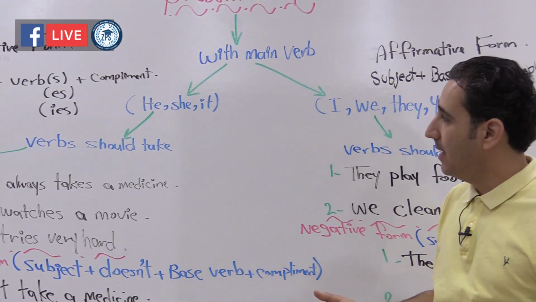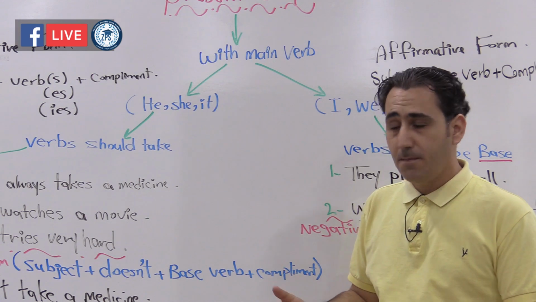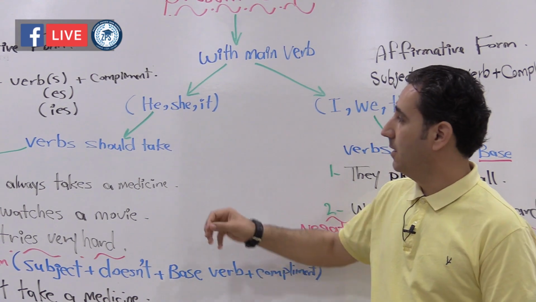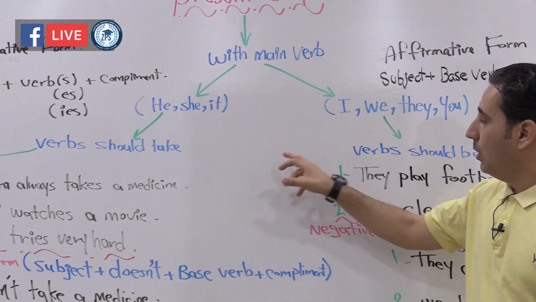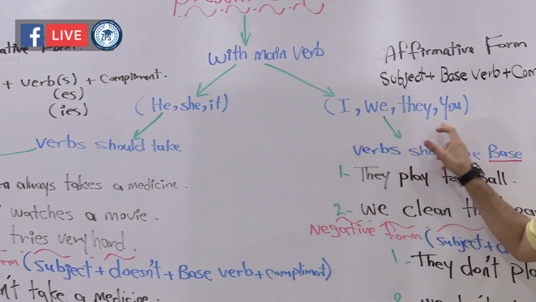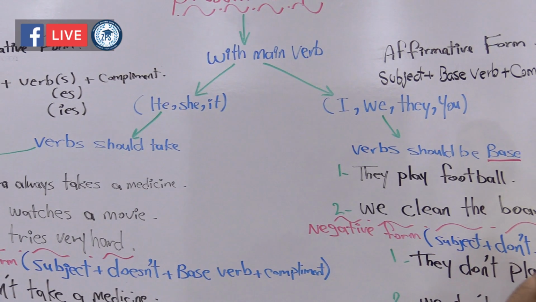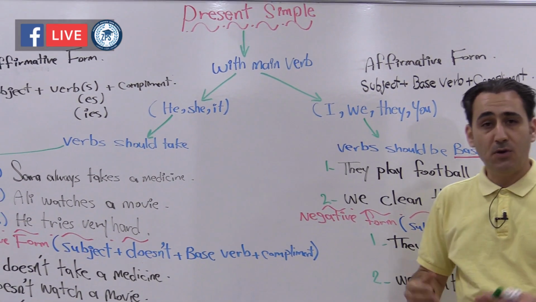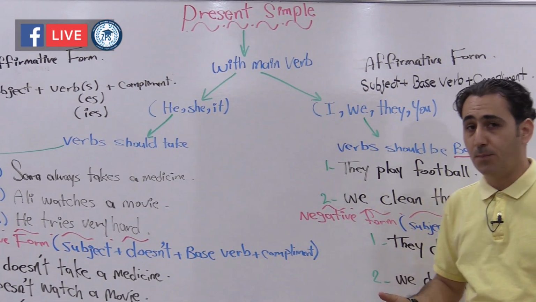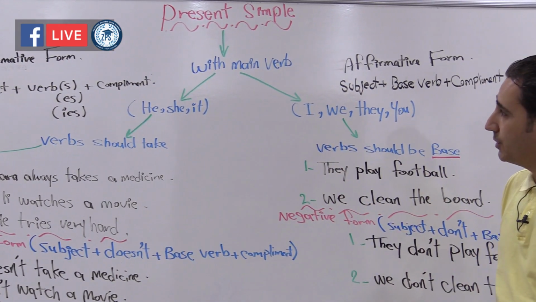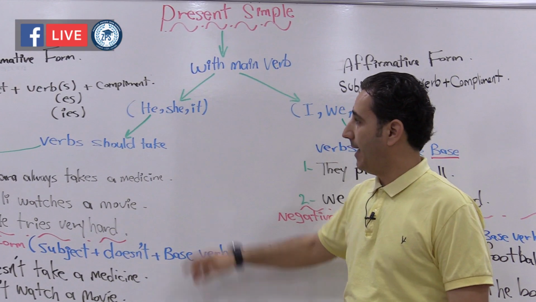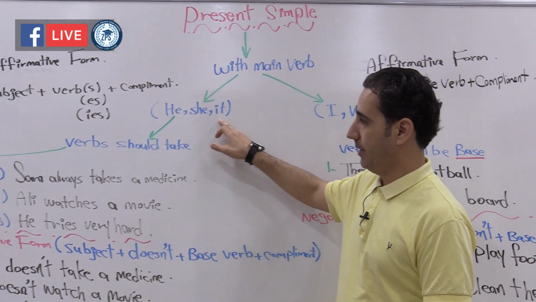How can we form the present simple tense with singular pronouns? Then we will look at some plural pronouns. How can we make present simple sentences with plural pronouns? Okay? So first, let's look at singular pronouns.